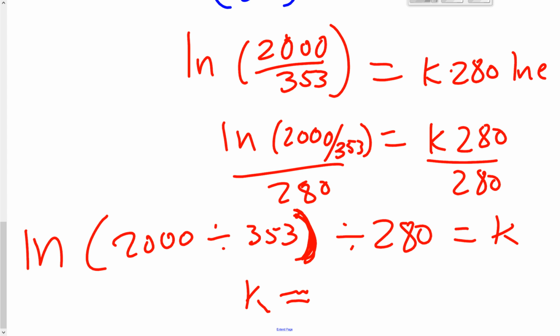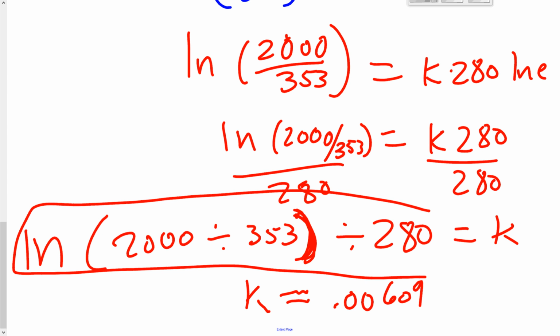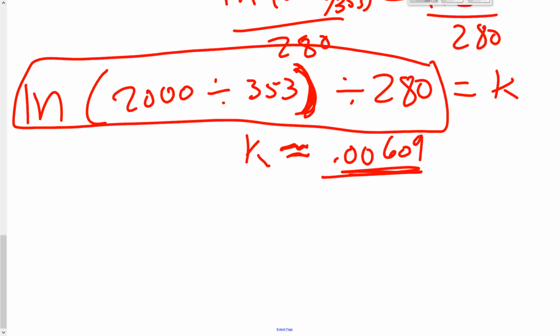And we get 0.00609, and it goes on forever, right? So I did round it eventually, which probably would have been fine if you rounded the 2,000 over 353 to begin with. But this number is more exact for your k than the rounded one, because I rounded it, right? That's approximate. Okay, so now we can put that rounded one in there. It's fine.